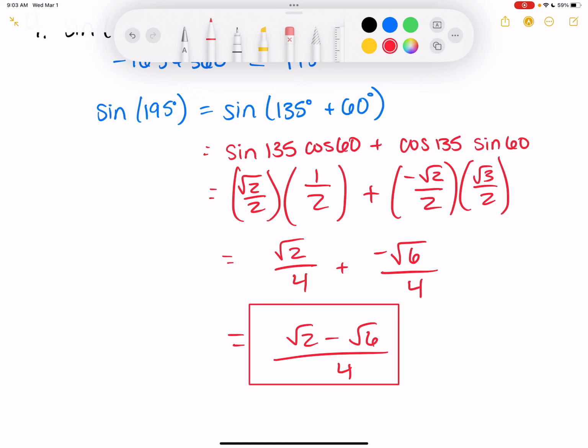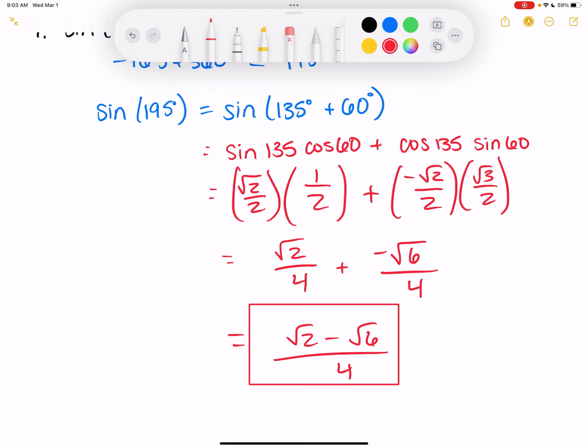So I say that sine and cosine answers should all look, relatively speaking, like this. They should all be some combination of square root of 2's or square root of 6 or something over 4. I would say at least 95% of the time there's going to be some combination of those numbers.